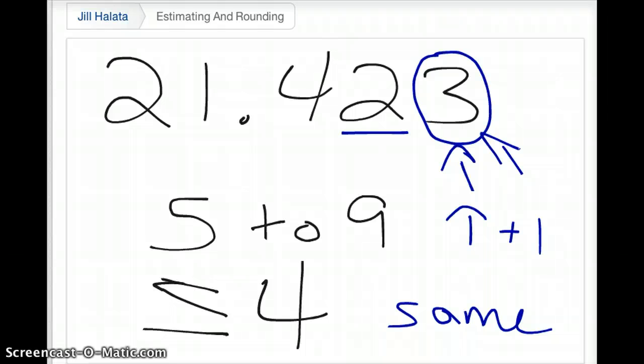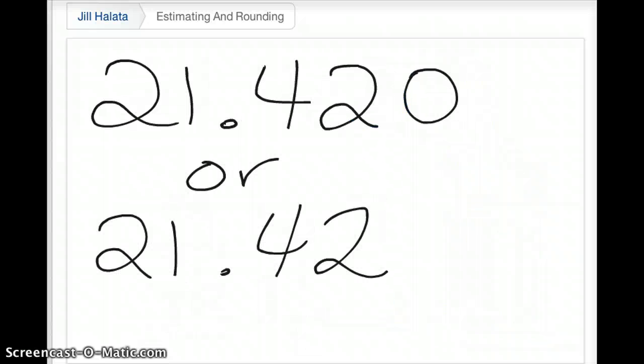So that means the 2 is going to stay the same. My rounded number is 21 and 420 thousandths, which is also equivalent to 21 and 42 hundredths. Remember, if you're at a decimal, you can drop the 0 at the end if you're behind the decimal.